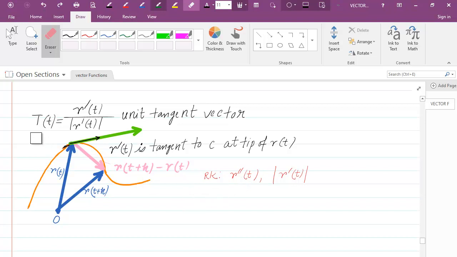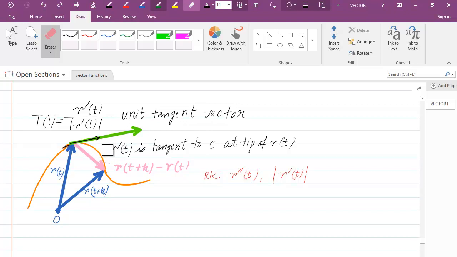Here I want to introduce another quantity, which is T of t. T of t is defined to be r prime of t divided by the length of r prime of t, and this is the unit tangent vector in the direction. It is the unit tangent vector that is parallel to r prime of t.